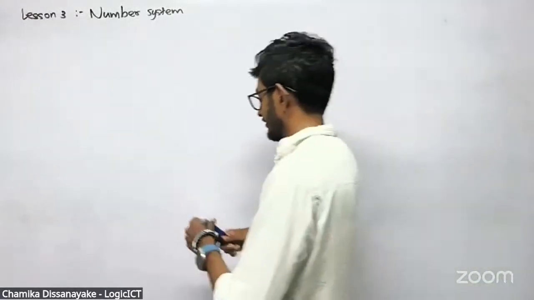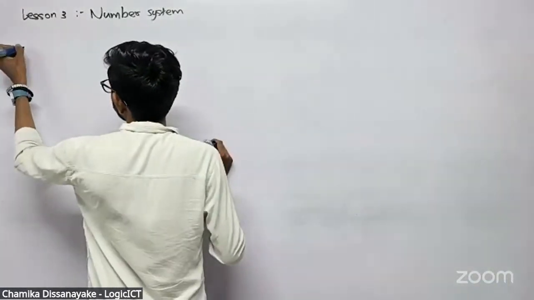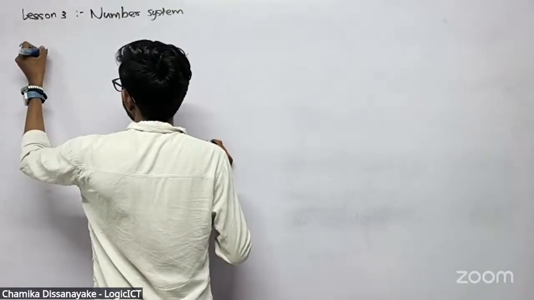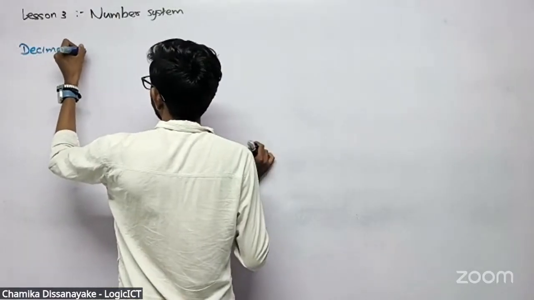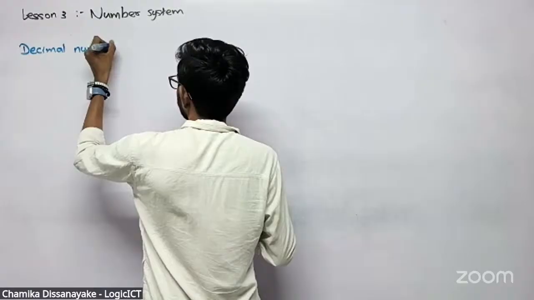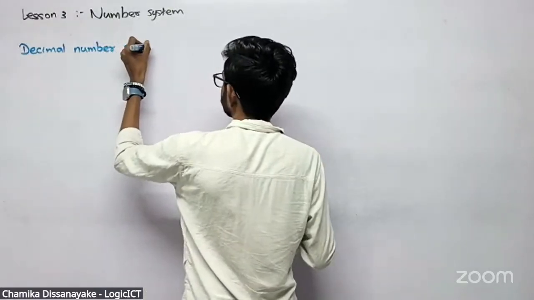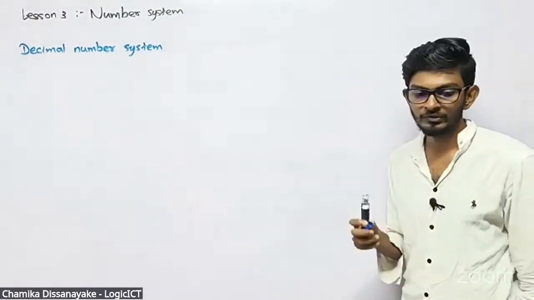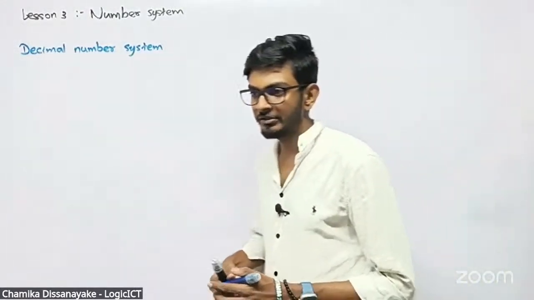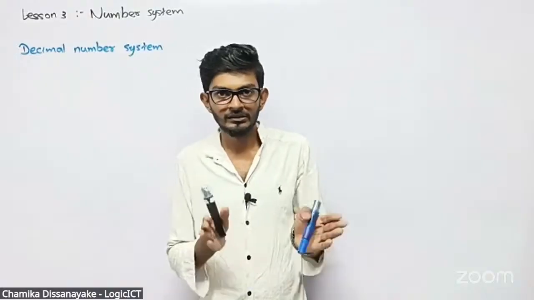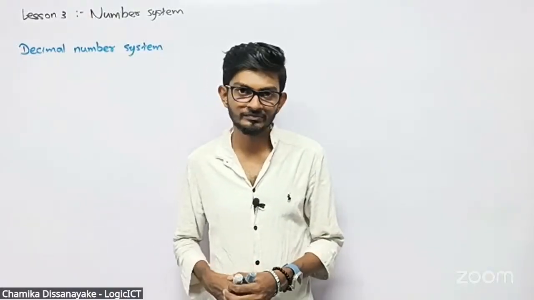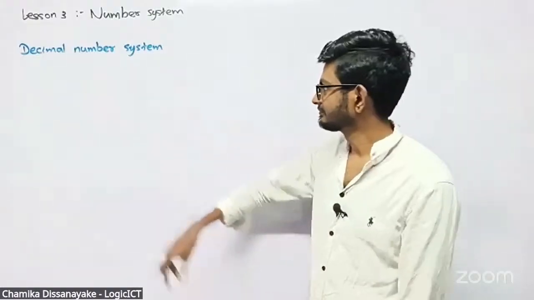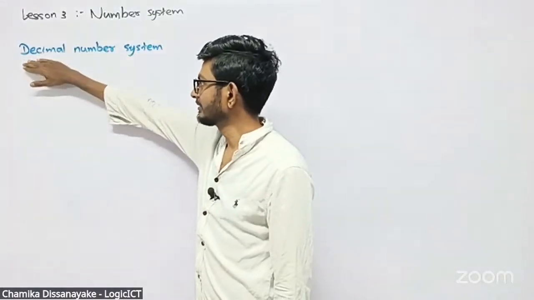The first number system is the decimal number system. As I told you, the decimal number system is equal to the Hindu-Arabic number system. Decimal means 10, guys.